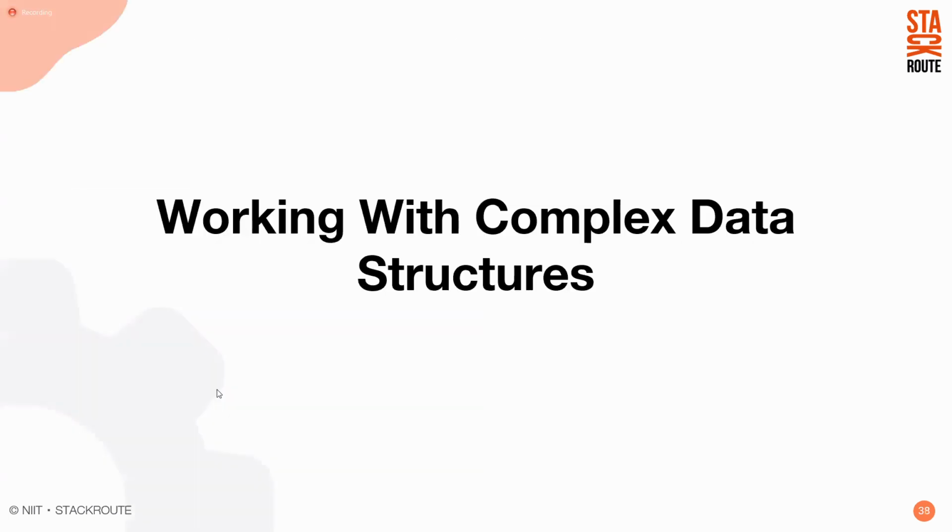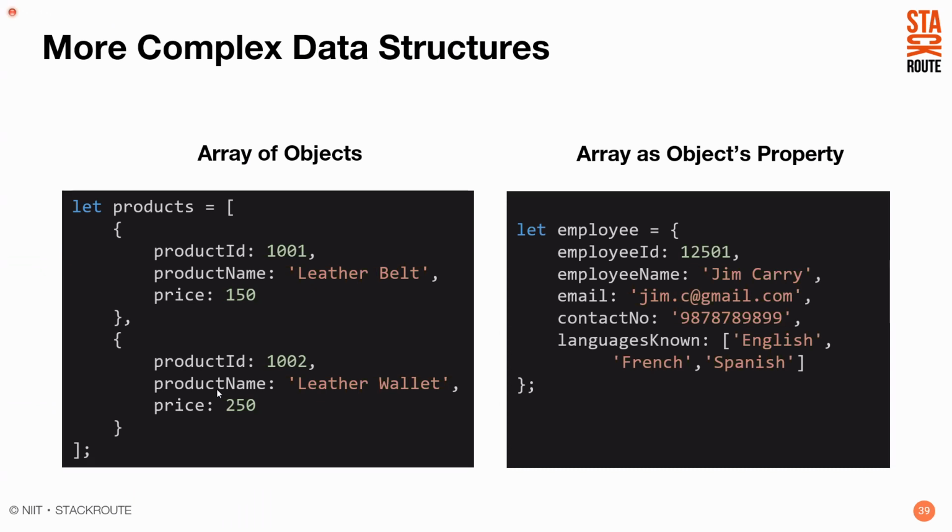Working on complex data structures, we started with array of arrays and an object inside another object. The other category is array of objects, and an array as an object property. Is it possible?